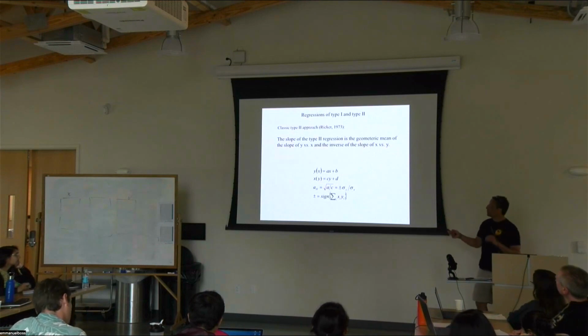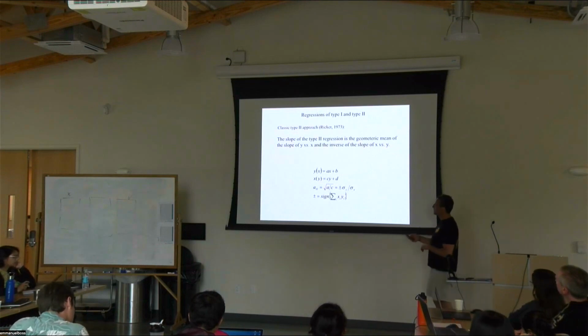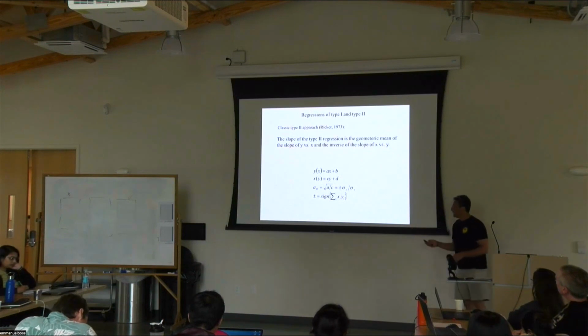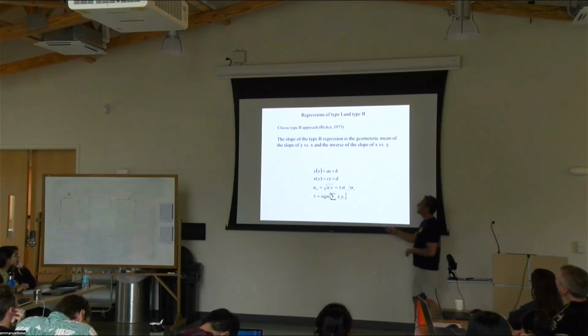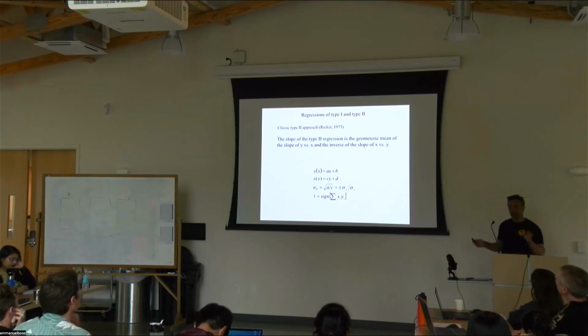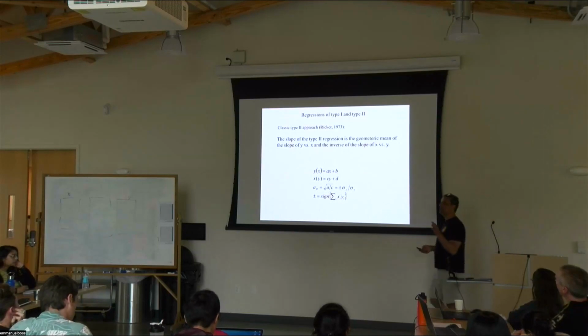So the type 2 approach is the one that takes into account errors in both, and there are different ways to do it. One of which is that you end up with a slope that's the geometric mean of the two slopes, with a given uncertainty. But if you've never done type 2, check it out.